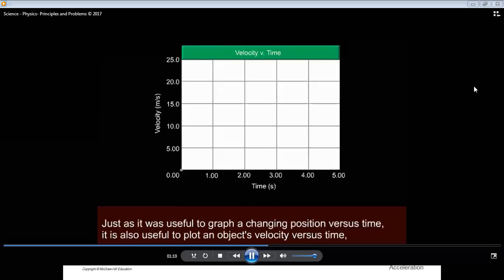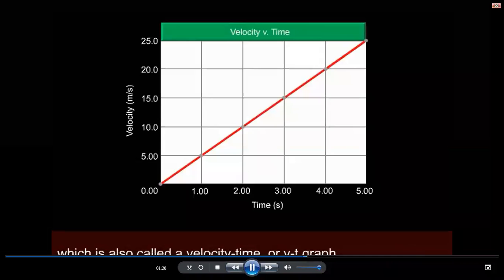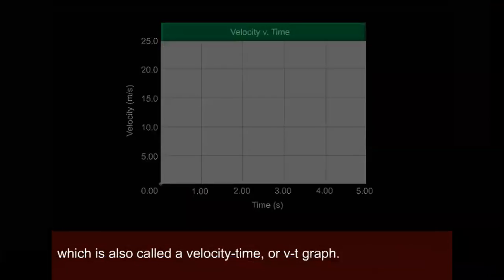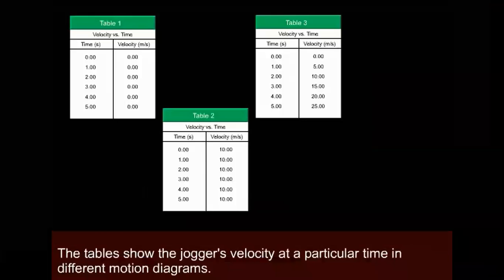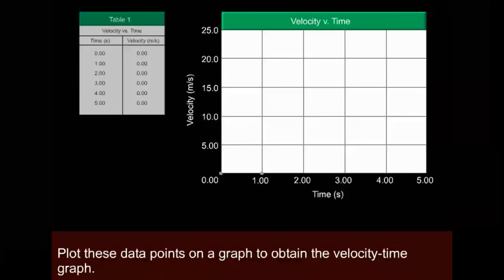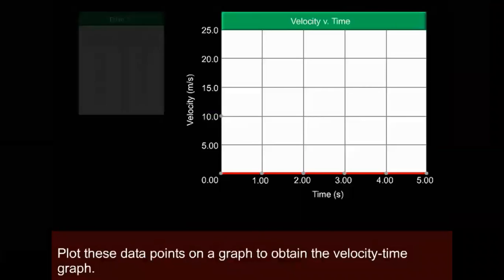Just as it was useful to graph a change in position versus time, It is also useful to plot an object's velocity versus time, which is also called a velocity time, or VT graph. The tables show the jogger's velocity at a particular time in different motion diagrams. Plot these data points on a graph to obtain the velocity time graph.